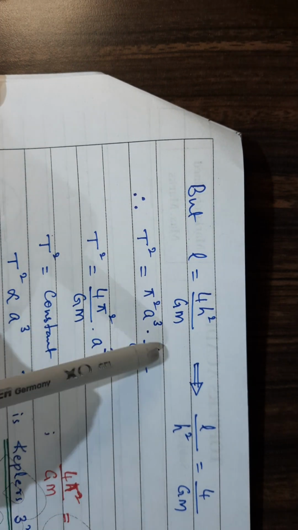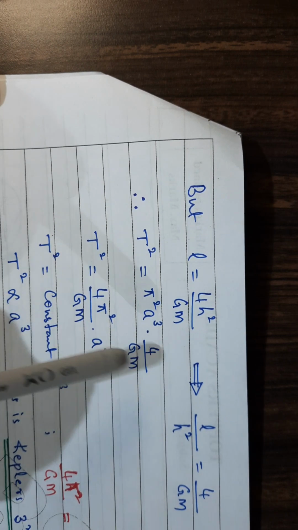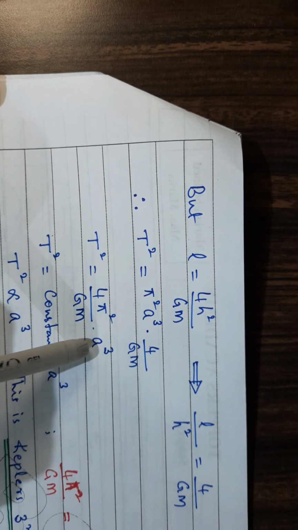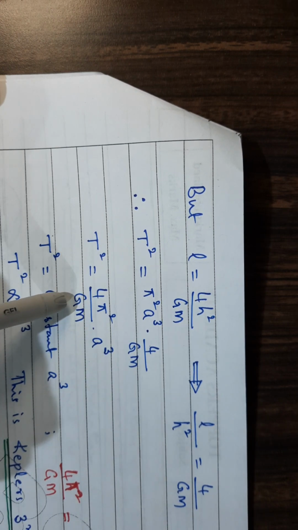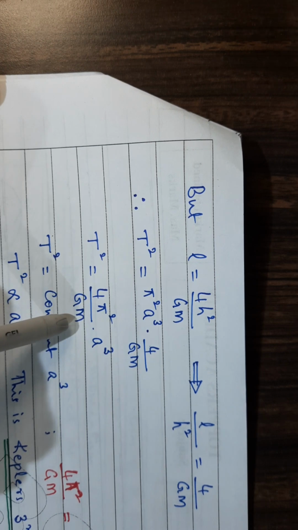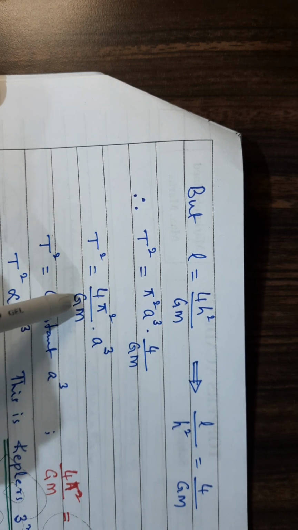Okay. 4 pi square by GM. This A cube as it is. Pi is a constant, 4 is a constant, G is the universal gravitational constant, capital M, mass of the sun, is a constant. Therefore, the whole thing 4 pi square divided by GM is a new constant.